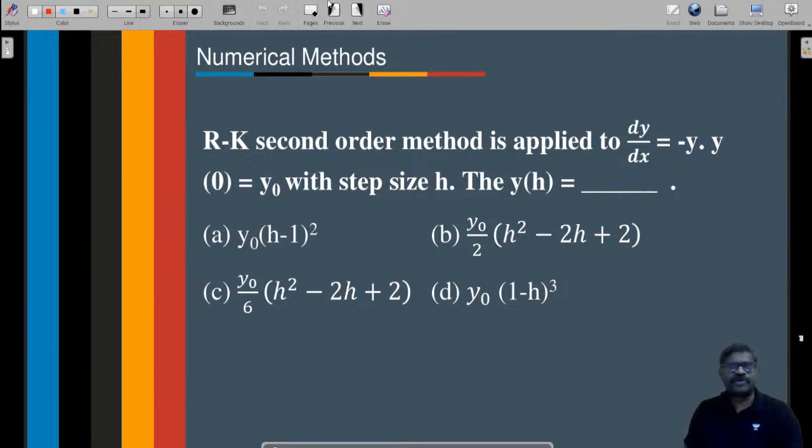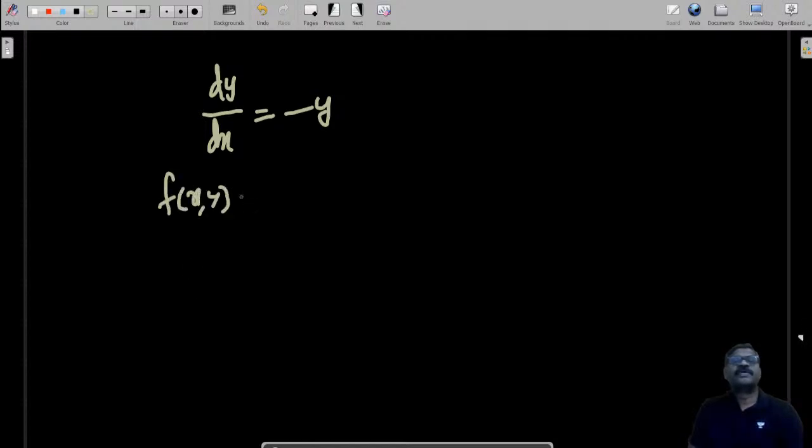dy by dx equal to minus y. Therefore, function of xy is minus y.